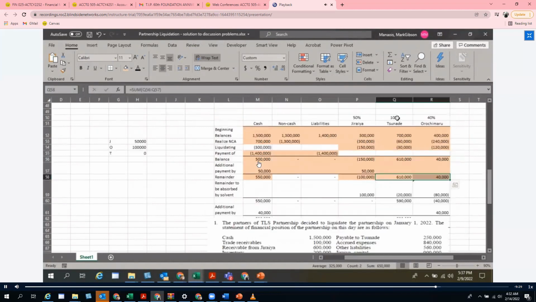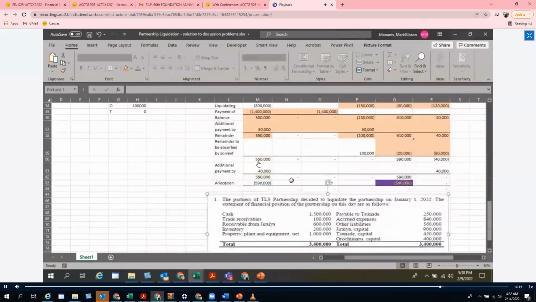So how are we going to split that? Let's use still the original profit and loss sharing ratio, but this time among Tsunade and Orochimaru na lang. So that's 100,000 multiplied by 10 over 50 or 1 over 5 or 20%. So that's 20,000 pesos. Kay Orochimaru naman, that's 80% or 4 over 5 or 40 over 50. Ikaw nang bahala kung saan ka mas masaya. That's 80,000 pesos.